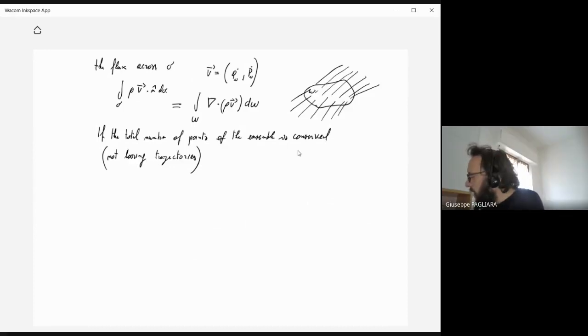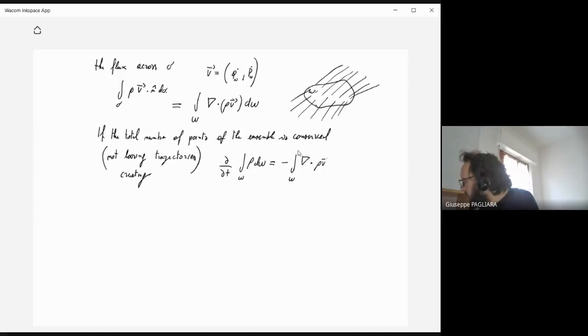Now if the total number of points in the ensemble is conserved, so that means I'm not losing or creating trajectories, then the derivative with respect to time of rho d omega must be equal to the integrated flux, so to minus the integral over omega of the divergence of rho v.